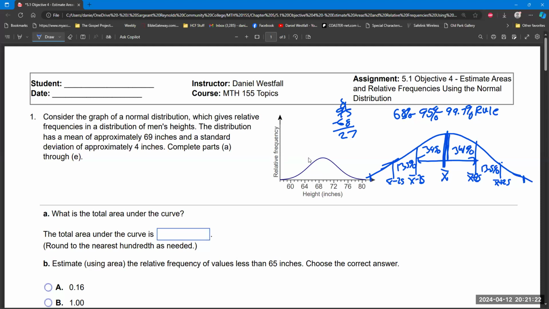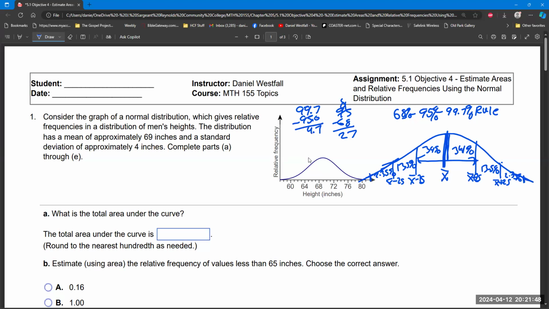And then between -3 and 3 standard deviations, there's 99.7%. So 99.7 minus 95 is 4.7. So there's 2.35% here and here.